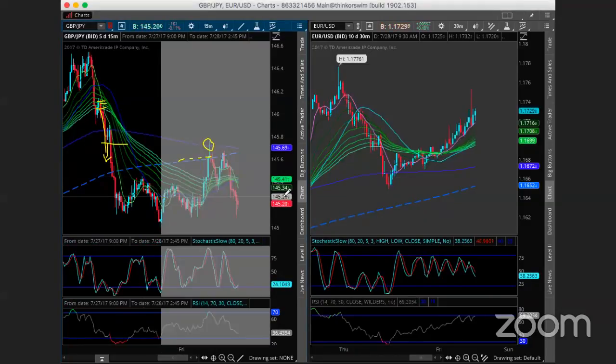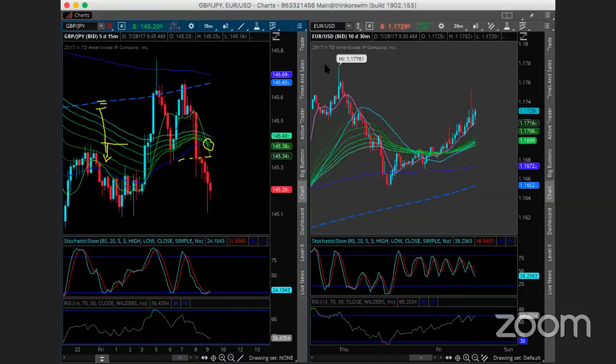Now, as we identify the trend here on the 15 minute, we have to be aware that I had a higher low here relative to here. I was making lower highs here, and then on this move, this is a new higher high. And then what came next? A higher low.